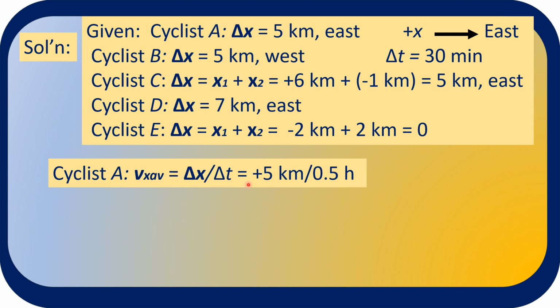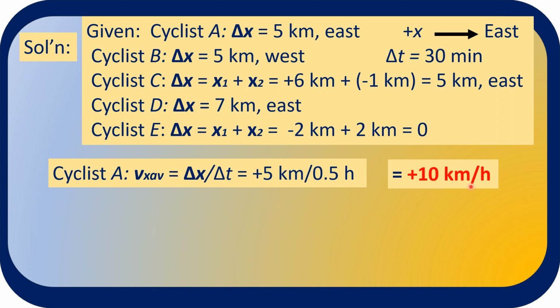For cyclist A, that is positive 5 kilometers divided by 0.5 hour. 30 minutes is converted into 0.5 hours, so cyclist A has an average x velocity equal to positive 10 kilometers per hour.